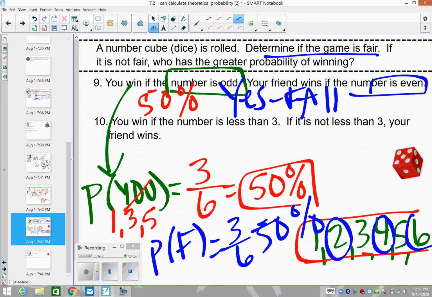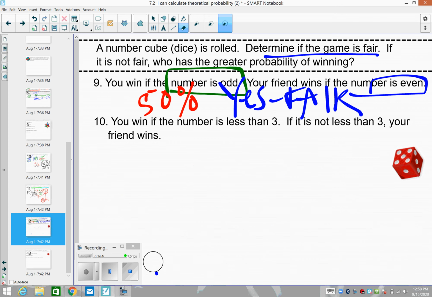We deem this as a fair game. You and your friend have the same chance of winning. You win with odds. Your friend wins with evens. Fair game.